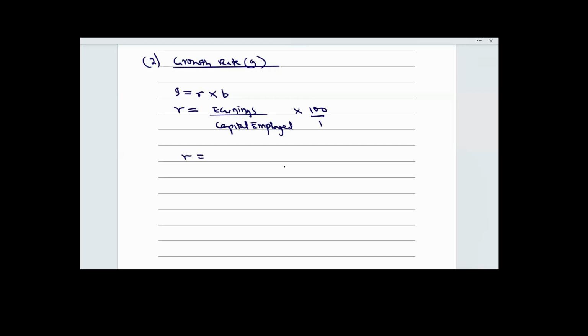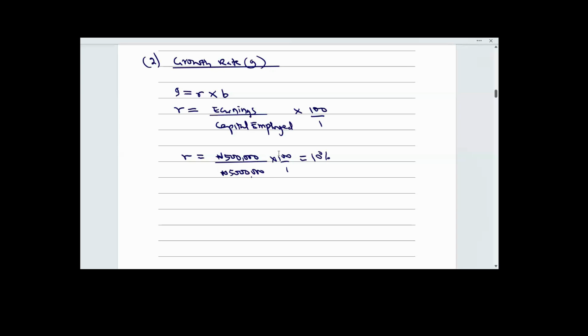So according to the question, we are given earnings of 500,000 naira. Capital employed is 5 million naira, multiplied by 100 over 1. So this is 10%. Return on investment is 10%.